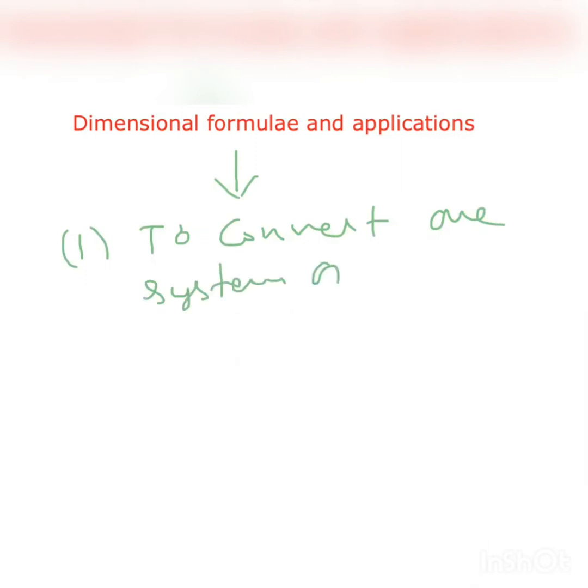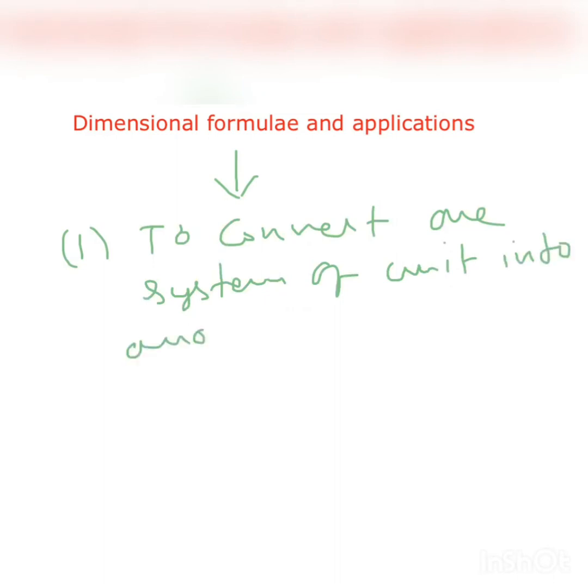Dimensional formulae and applications we are discussing here. So what are the uses of dimensional formulae? First of all, they are used for converting one system of units to another system.